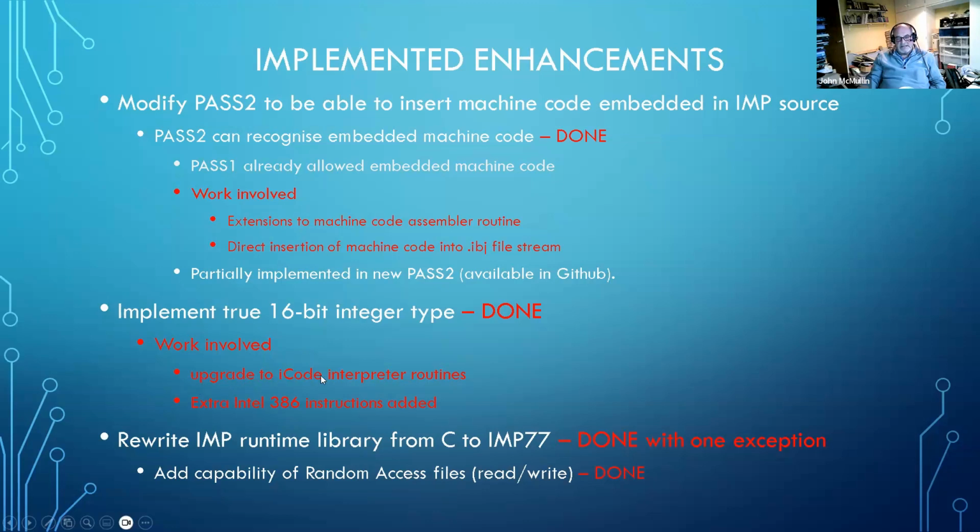So I had to upgrade the various interpreter routines, and I also had to add in create instructions, which was helped by the fact I'd already been able to add in a machine code assembler. The Imp runtime library did have a lot of C code at the time for access to, say, files.